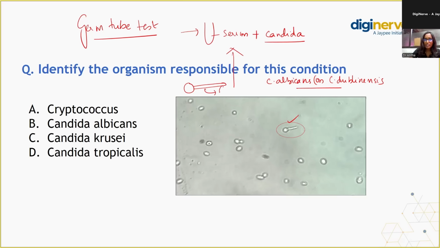This is called a germ tube. So the two yeasts which produce germ tubes are Candida albicans and Candida dubliniensis. Here they have given a circle in which they have shown germ tube formation. Out of the options mentioned, Candida albicans is the correct answer.